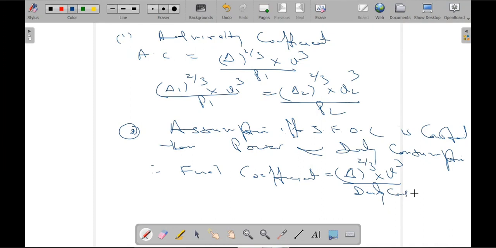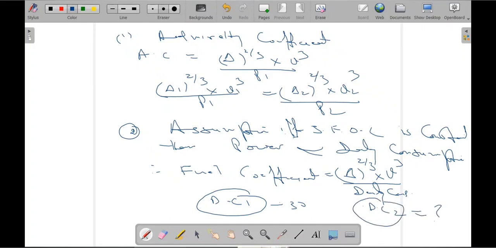Now in this formula, delta is displacement in tons, V is speed in knots, daily consumption is in tons per day. In short, instead of the full name daily consumption, we will write DC1, DC2. DC1 means daily consumption under one set of condition, let us say 30, and if I know the daily consumption in the second set of value, I will write DC2, which may be known or may not be known.